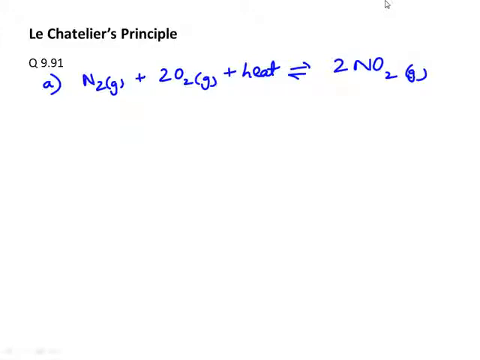Indicate whether product formation will increase or decrease with increasing temperature. Okay, so we are raising the temperature this time. If you're going to raise the amount of heat going into the system, the equilibrium will shift in this direction, so then there will be more of the product.